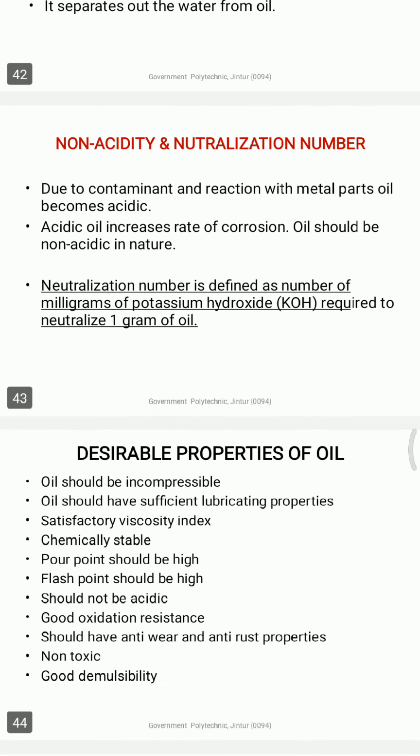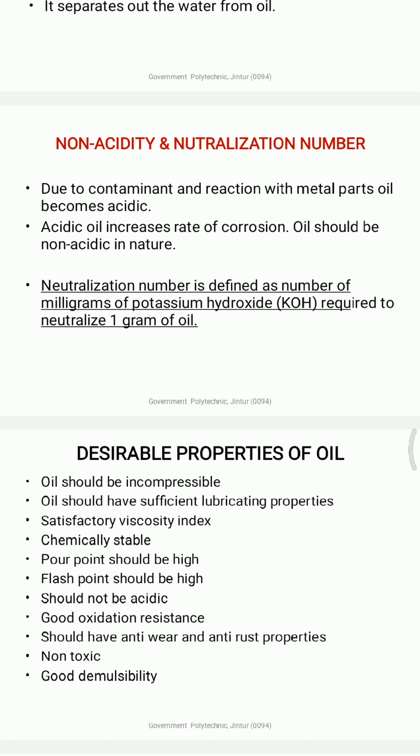Next property is non-acidity and neutralization number. Non-acidity: it should not be acidic. Acid can cause a reaction with various metal parts, so it should not be acidic. Neutralization number is defined as the number of milligrams of potassium hydroxide required to neutralize 1 gram of oil.